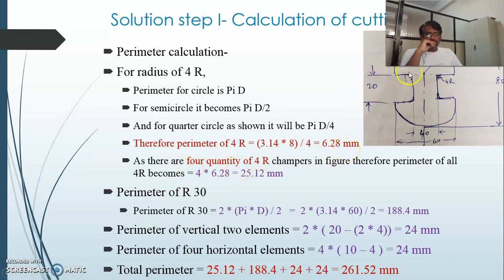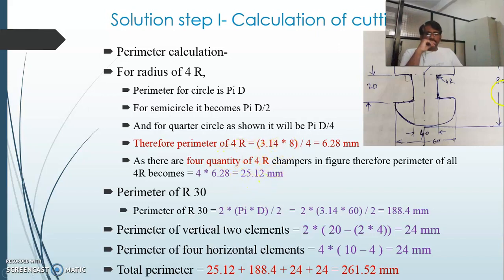Now as the quantity is 4, that is 1, 2, 3 and 4, we take 4 into 6.28, that is the perimeter of one element into the quantity 4, so the total perimeter for the 4R quarter circles will be 25.12 mm.